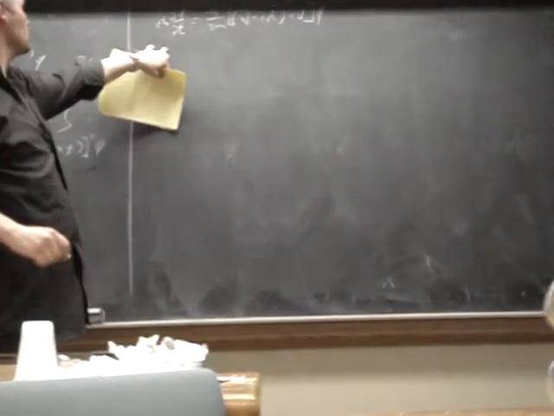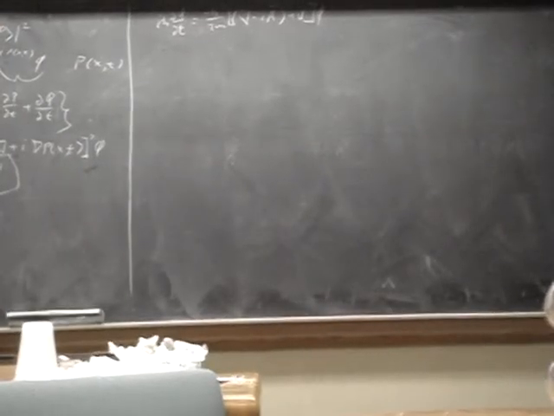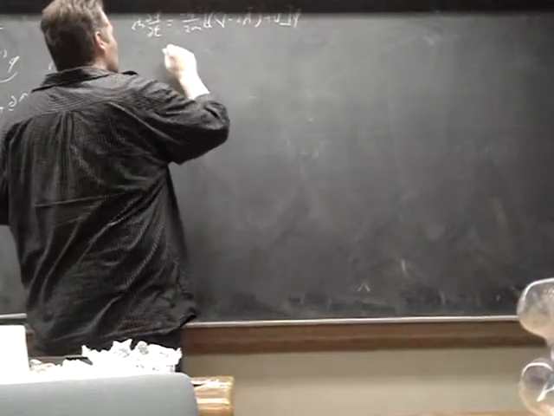So if we start with a Schrödinger equation like this, then we do the same thing we did here, but I'm going to skip all this stuff. And we do this transformation.